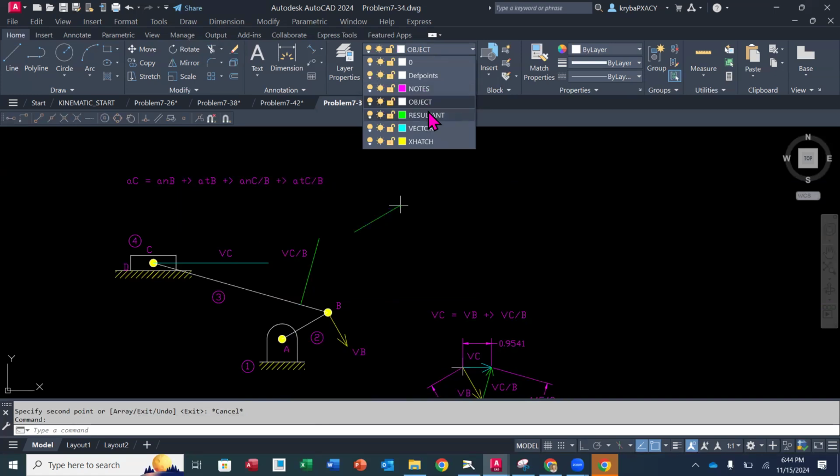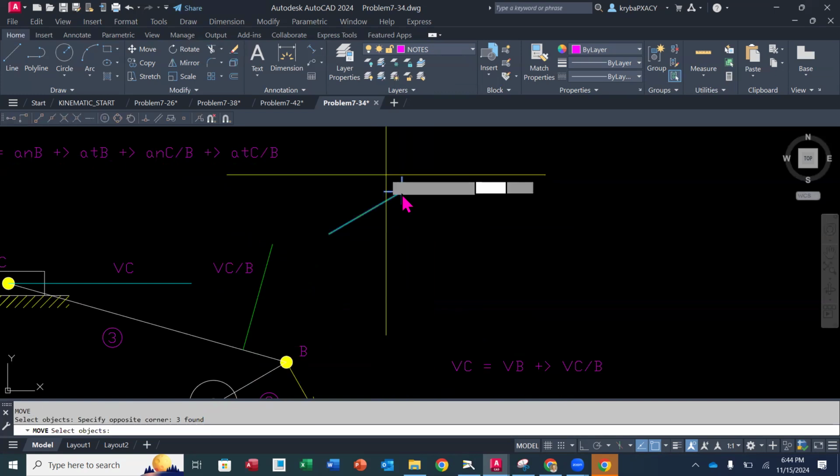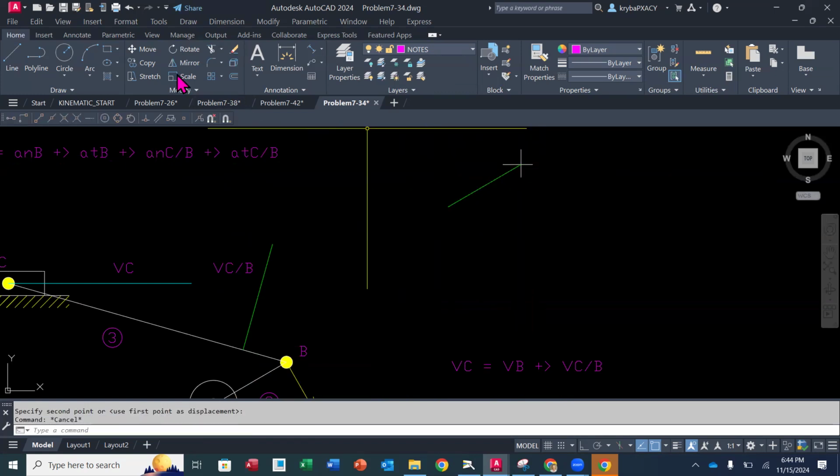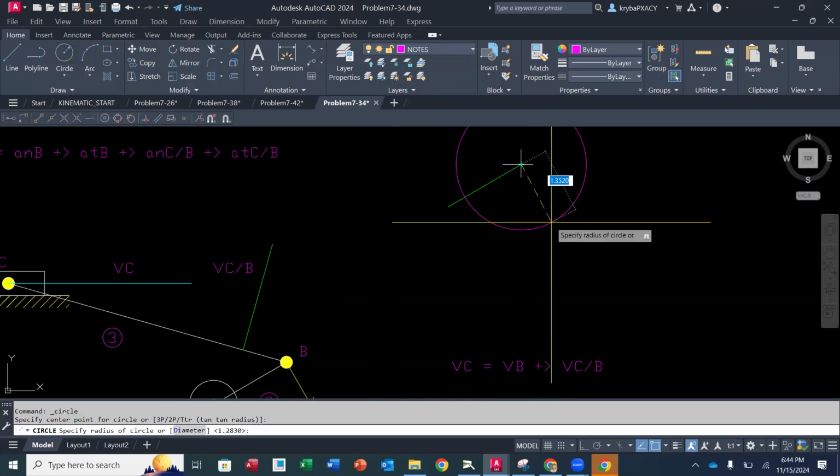We'll call that the resultant. That's fine for the B's. And because we're going to scale this, I'm going to say 9.4 inches, I guess. So 9.4, and I'm going to do 0.622.